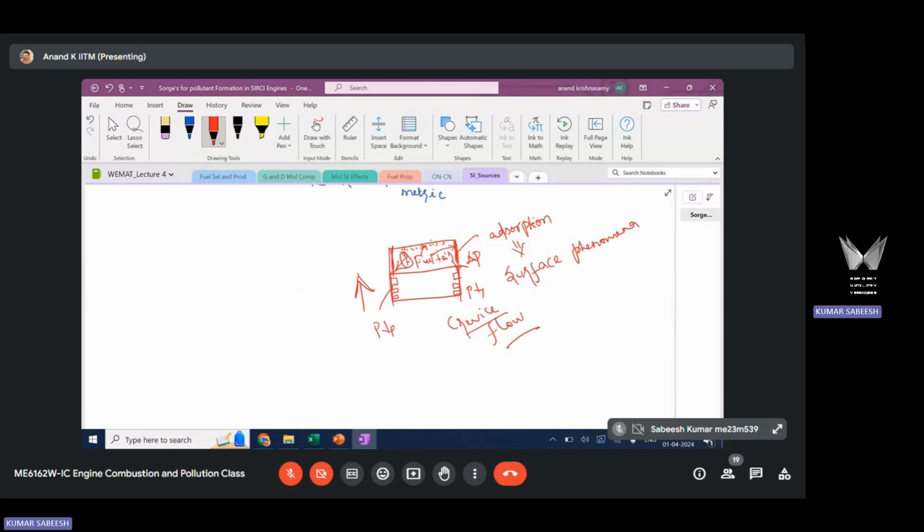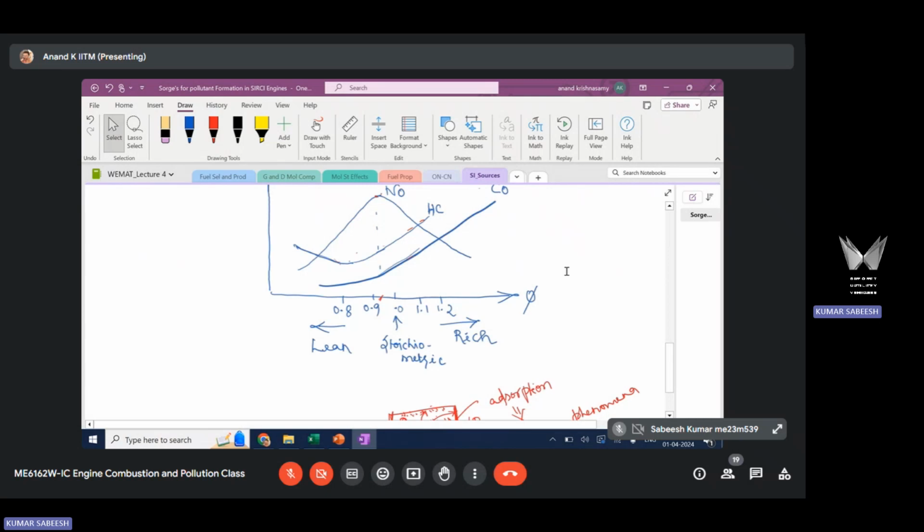So fuel that goes and gets locked in the carbon deposits, oil layer or crevice, the flame cannot reach it and cannot burn it. Thus it will become one of the major sources for unburned emission.